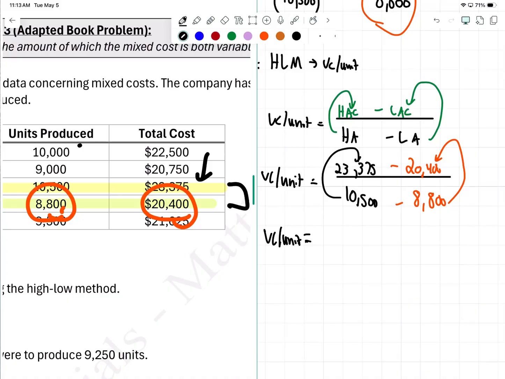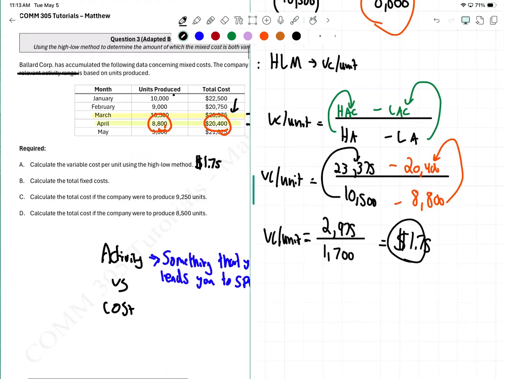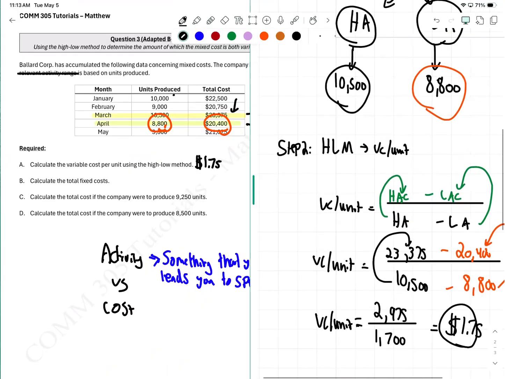Your numerator is going to be 2,975, and your denominator is going to be 1,700. So overall, your VC per unit is going to be 1.75, and that's the answer to required 1, or A. That's your variable cost per unit, and that is step 2.